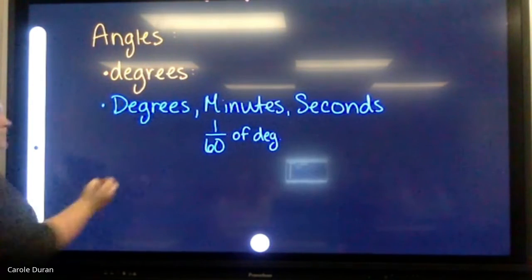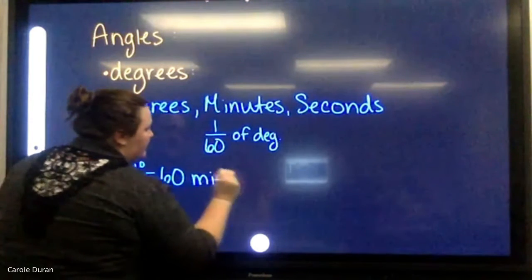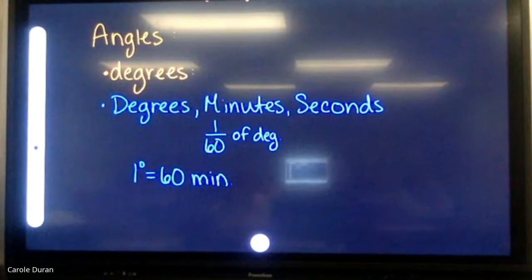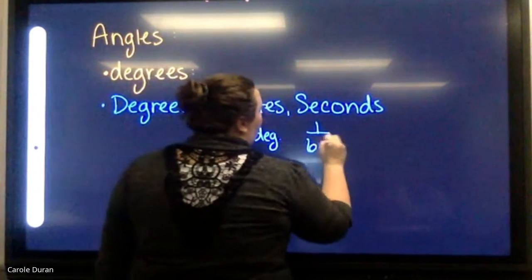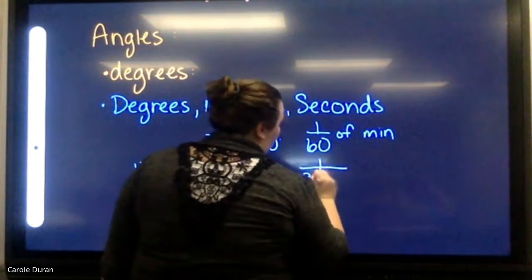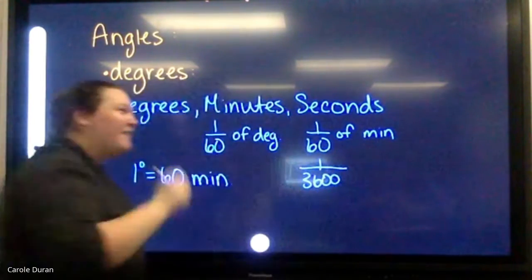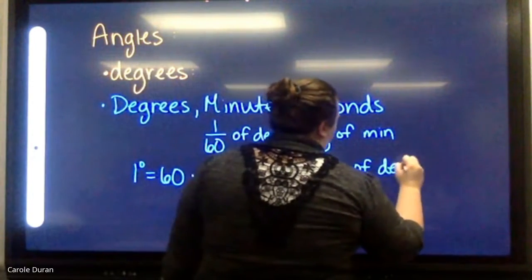We could also say that 1 degree is equal to 60 minutes. So if you really, really have trouble thinking about it, we can imagine our degrees are our hours. And then a minute is 1/60th of an hour, which means a second is 1/60th of a minute, or 1/3600th of a degree, or an hour, depending on how you want to think about it.